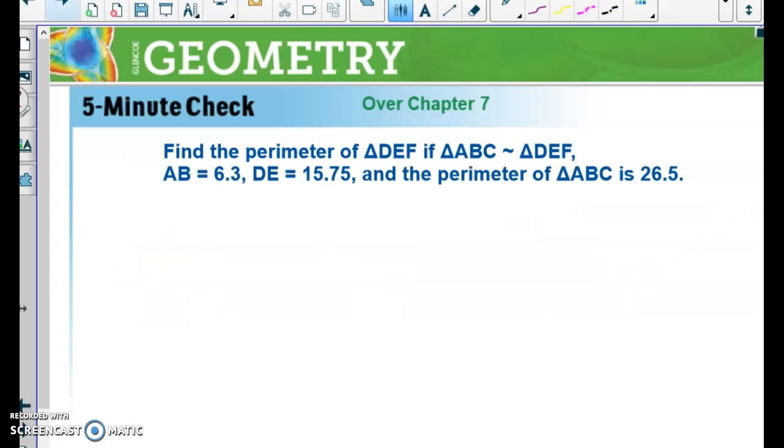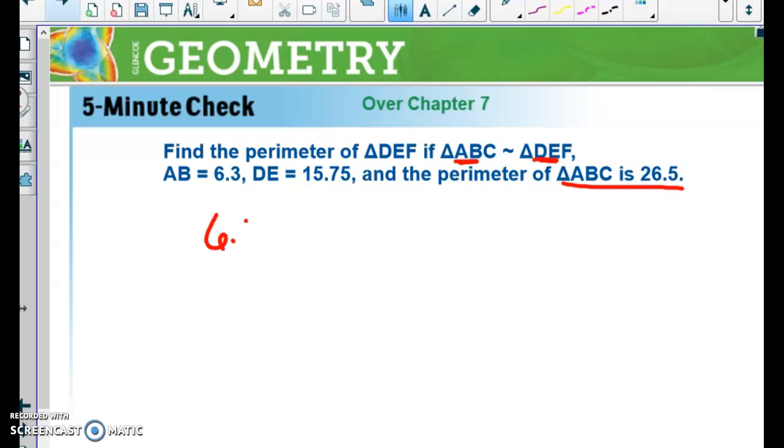In the second warm-up question, we're given that we have two similar triangles, and we know that the perimeter of the first one is 26.5, and we know that if we look at the similarity statement, that AB and DE are the two that are proportional to each other.